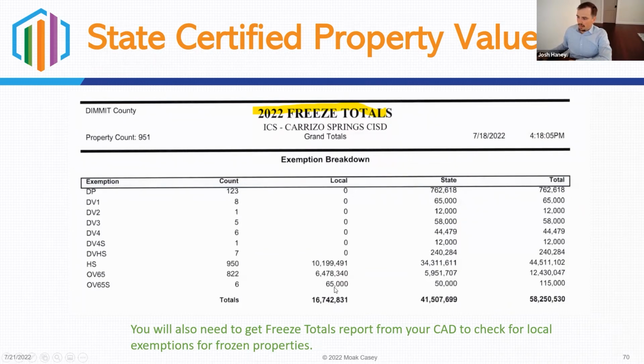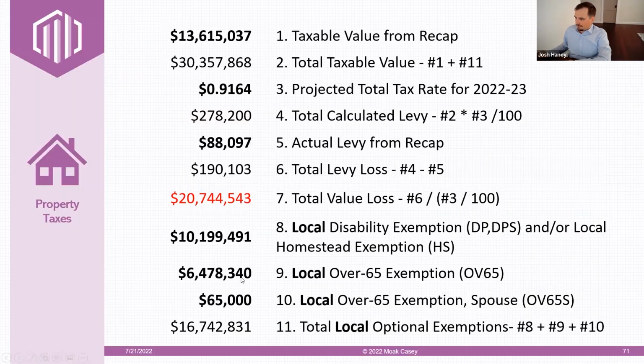Okay, and for calculating this freeze loss, the way the controller does it, we need homestead, over 65, over 65 spouse, that's what that S stands for, and then disabled. Okay, so they have a 0 here. So we'll need essentially 4 numbers, but really for these guys, we just need these 3 here because that one's a 0.